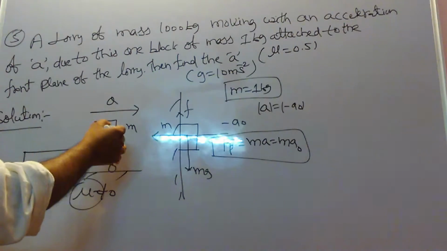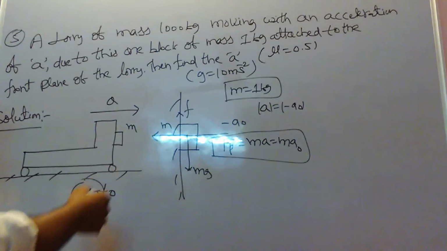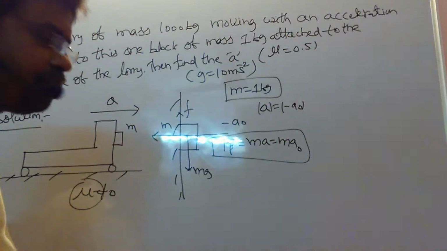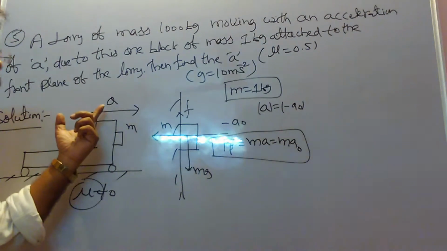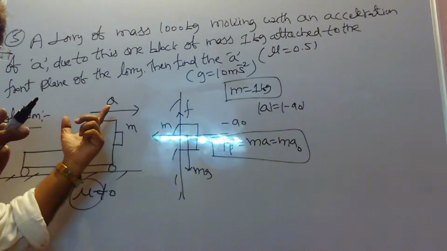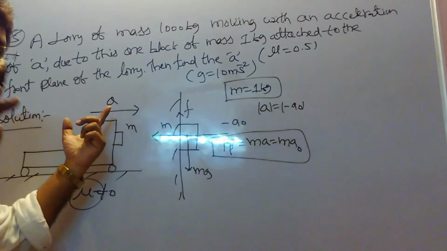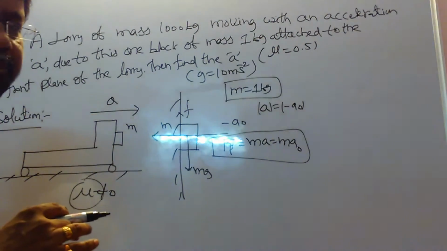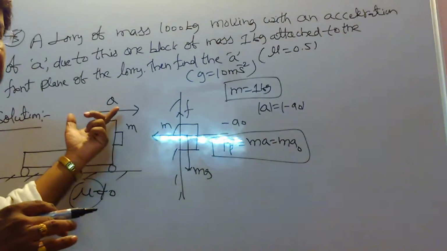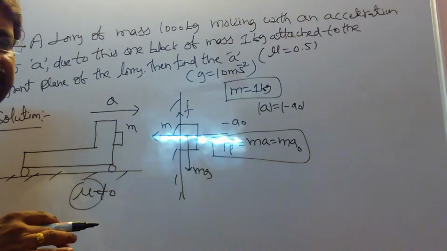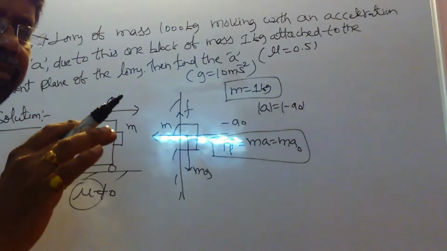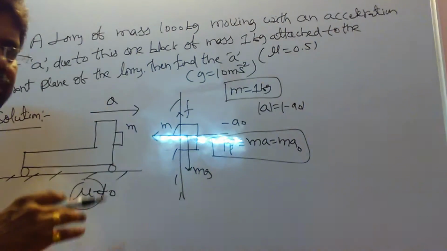Due to this, the block of mass m stays attached due to the pseudo force. If the lorry is moving with constant velocity, acceleration 0, then there is no pseudo force. Constant velocity or rest goes to an inertial frame. If it has some acceleration, it goes to a non-inertial or accelerated reference frame. In the accelerated reference frame only, we get a pseudo force.